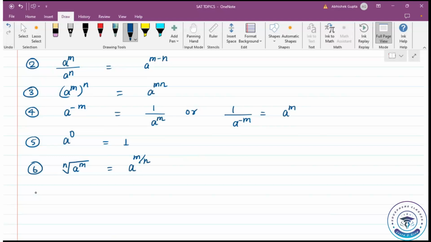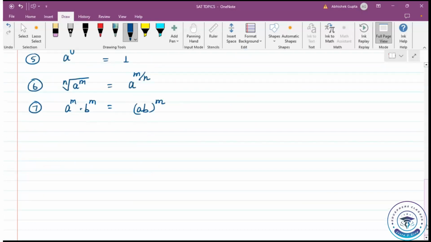Then number 7, when the bases are different but exponents are the same, like a exponent m times b exponent m, this can be written as ab exponent m. So these are the exponent rules.